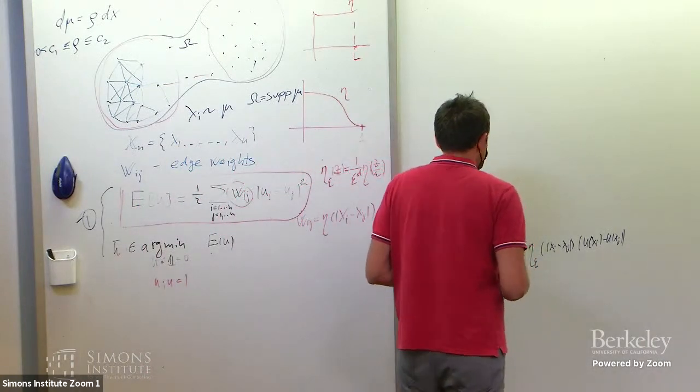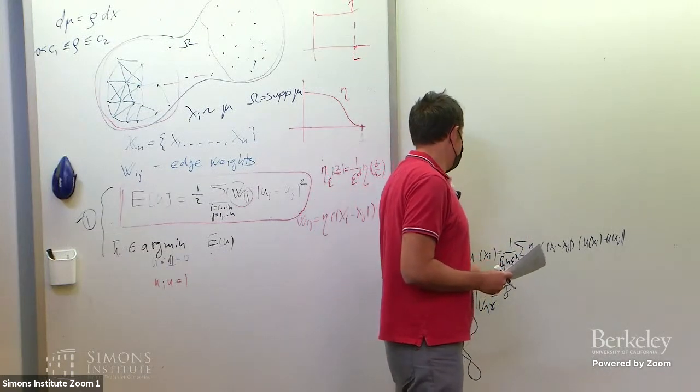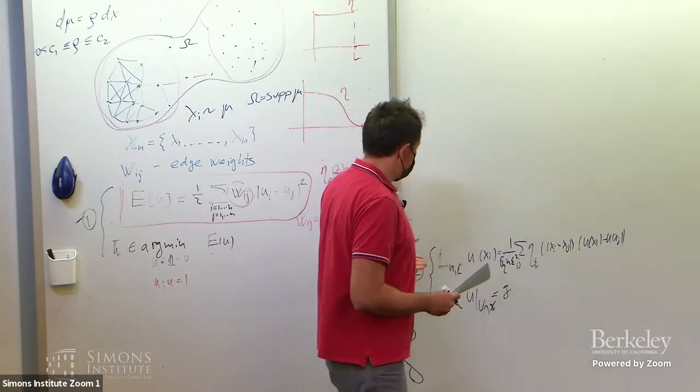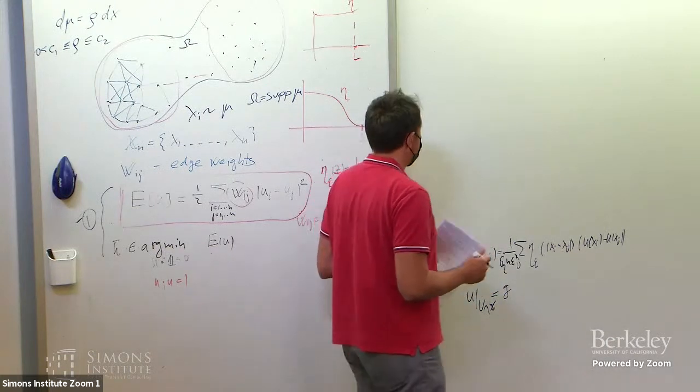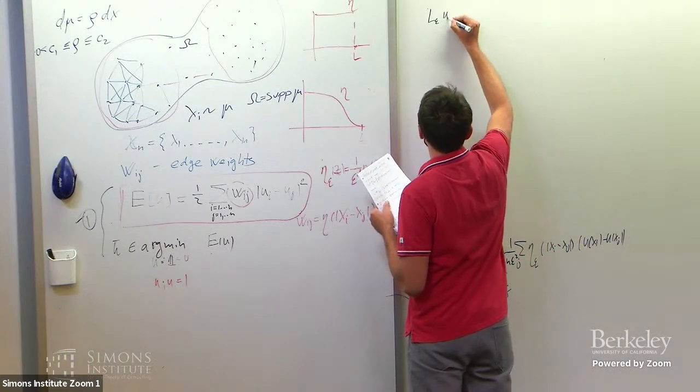I noticed that this seems to be somehow an empirical average over a certain function. And what would that function, or operator, be?